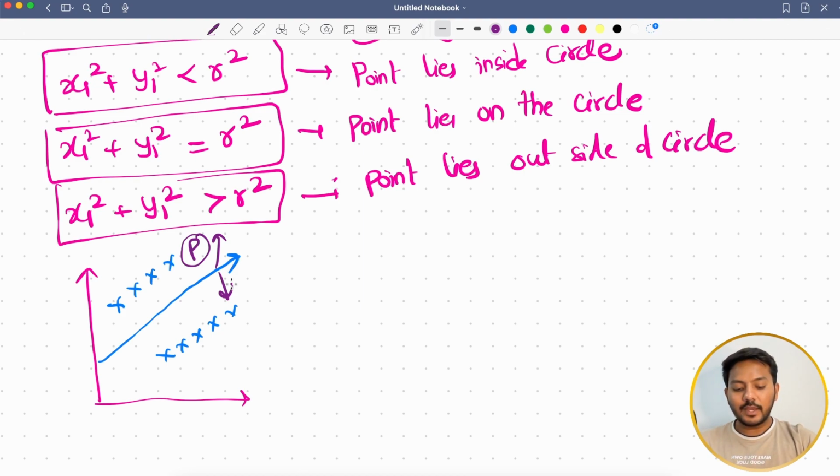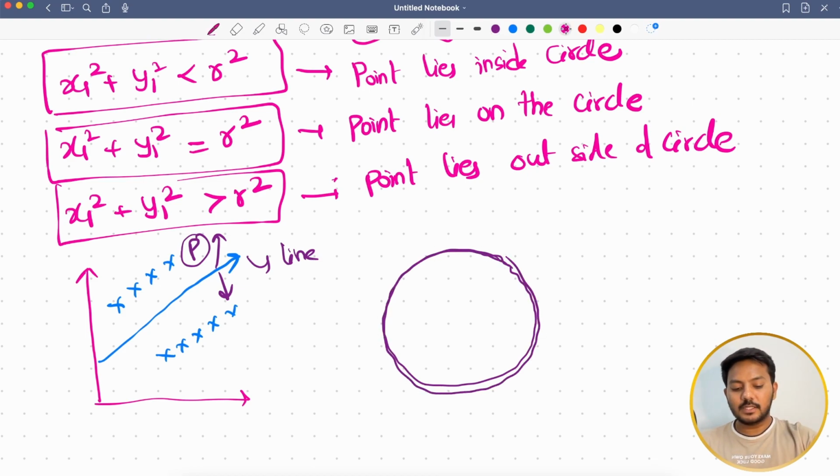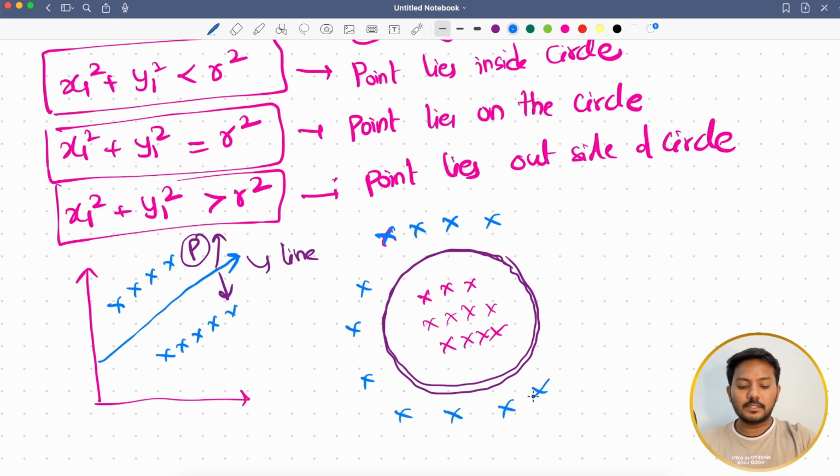What if in a real-time scenario your curve is something like this? Here you are not calculating a line, but you have a curve that separates two sets of points. Let's assume I have this set of points here, which is of class 1, and I have another set of points outside this circle. So this is a curve that separates both of these.